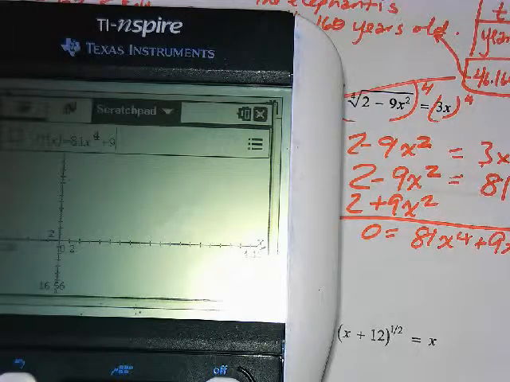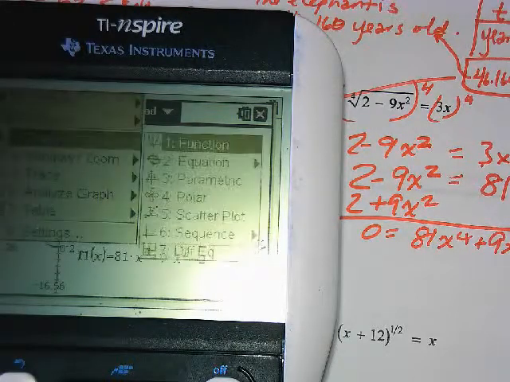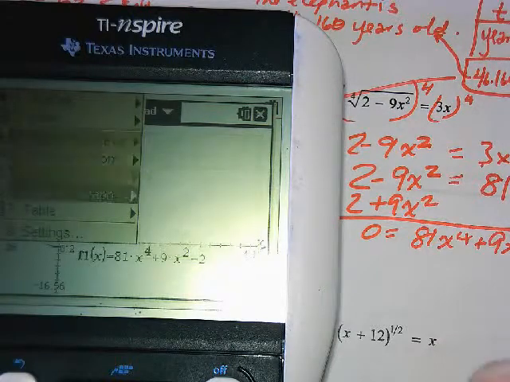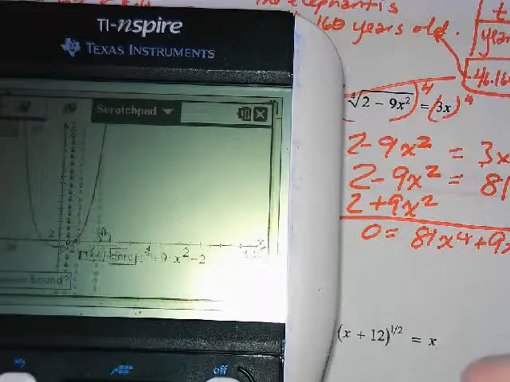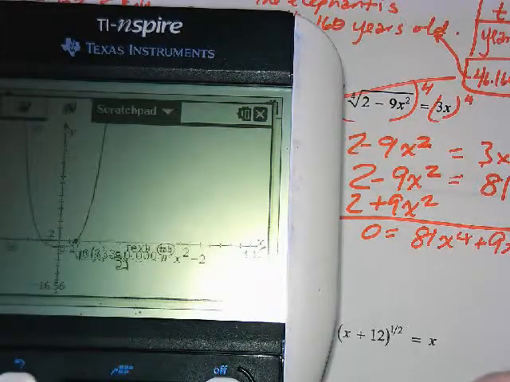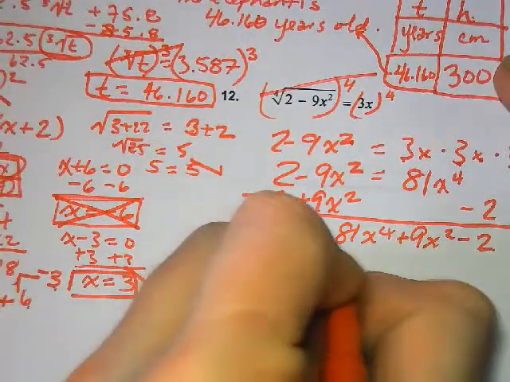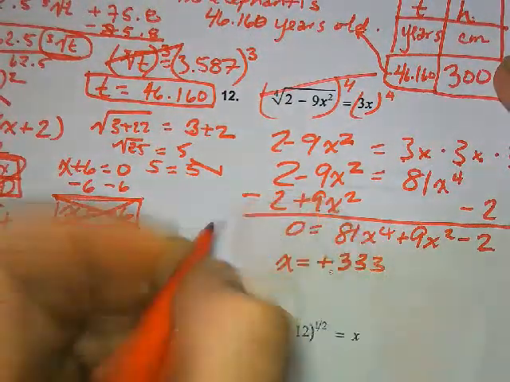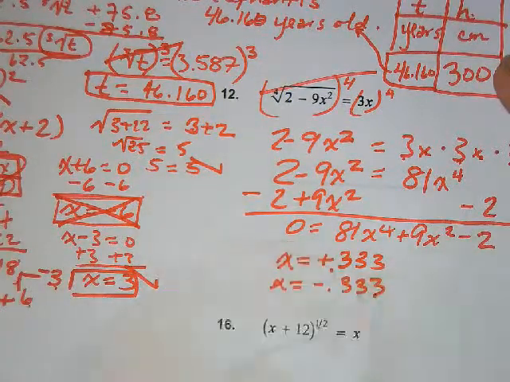There my quartic comes up, and I can then just grab the zeros straight off the graph. So I have one at positive 1/3 and one at negative 1/3. So these are my two solutions, and now I need to substitute them back in to make sure that they work.